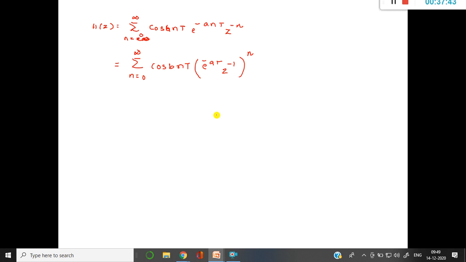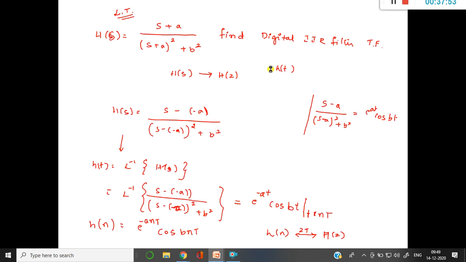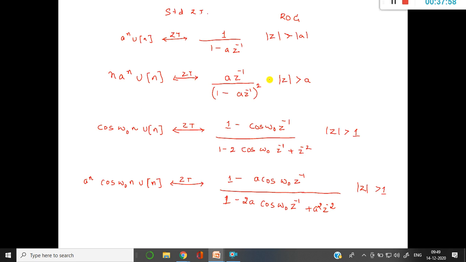So this is a standard z transform. If you go back to the table, I'll just show you the standard z transform here. It is a to the power of n into cos of omega naught n into u of n.